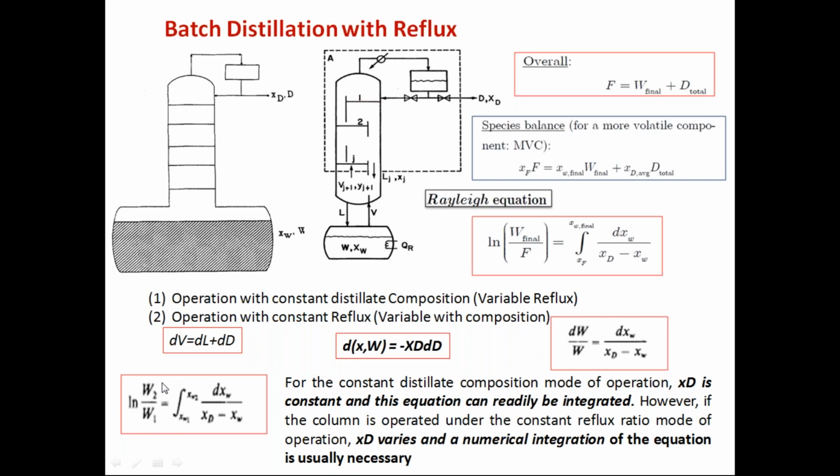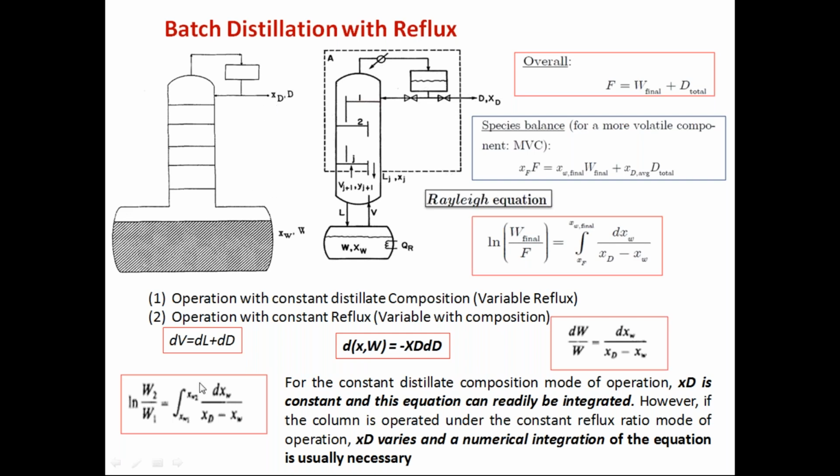When you obtain this value, the subsequent values of D and XD can be found out. How can you find D and XD? Initially you have W1 equal to W2 plus D. And then another equation, W1 XW1 is equal to D into XD plus W2 into XW2.